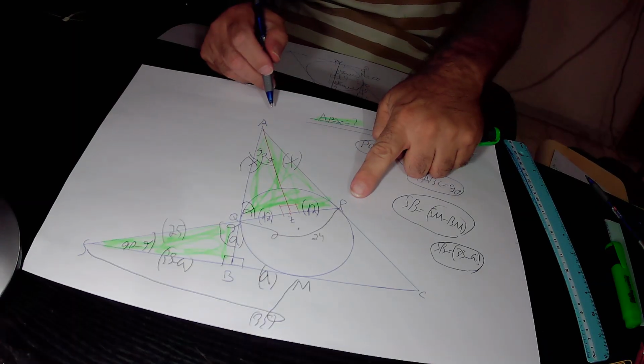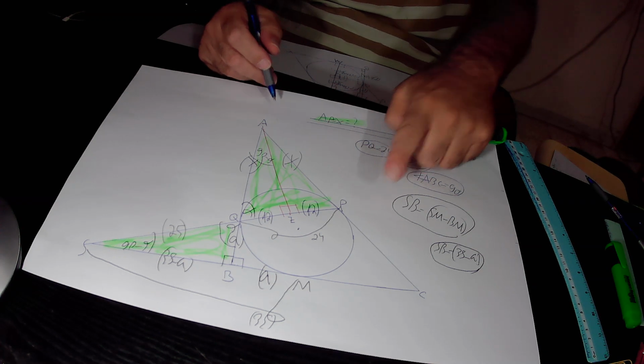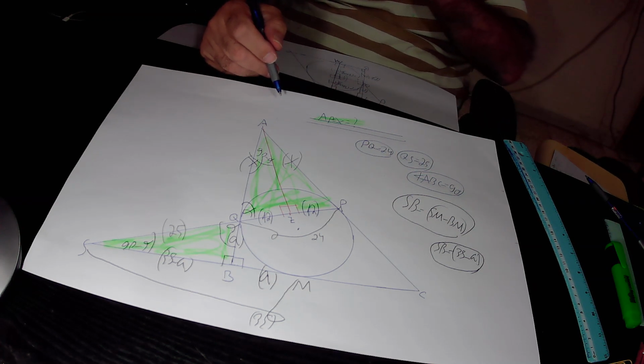Again, AP equals x equals 20 units in its length. And that is the answer to the question. So we finished answering the second question.